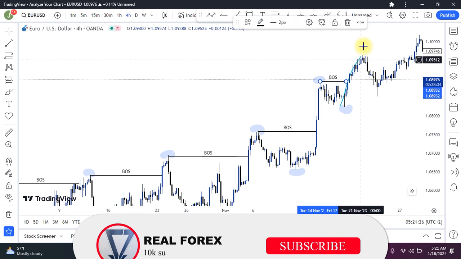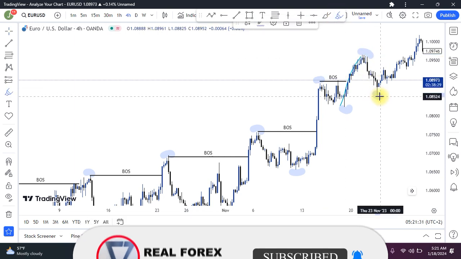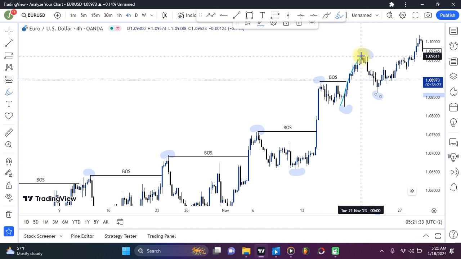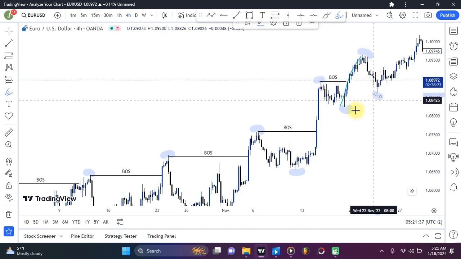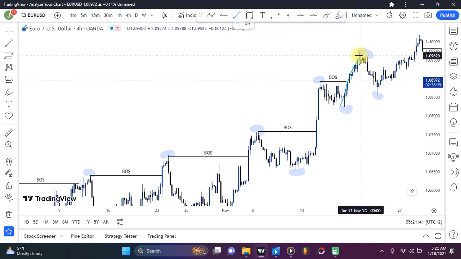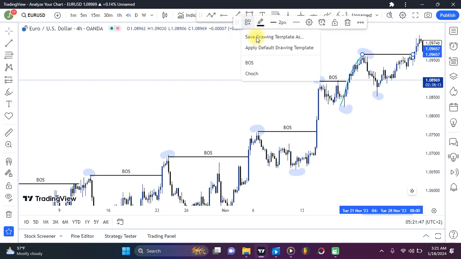The same thing here, we have this high, we have this low. This is a higher high, it's higher than the previous high. This is a higher low, it's higher than the previous low. And we have our breakout of structure here. We have our breakout of structure there.